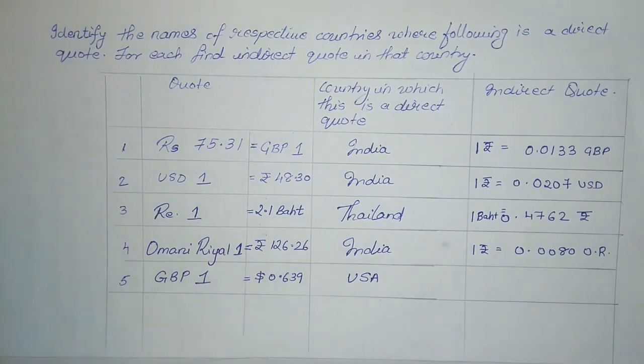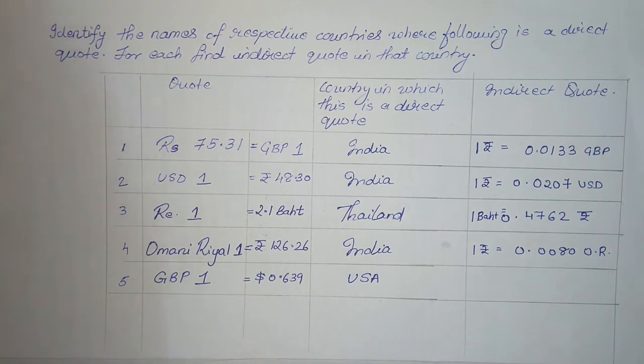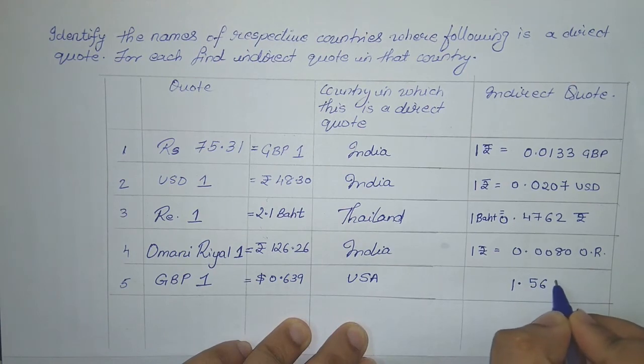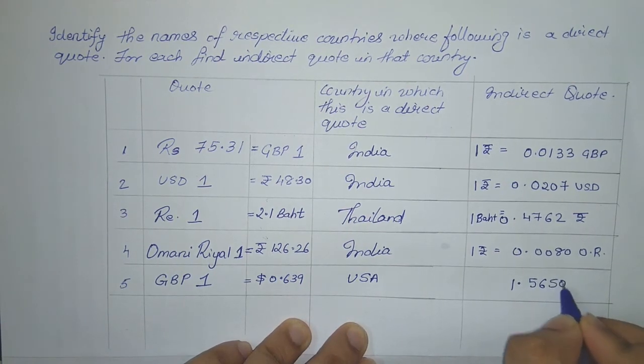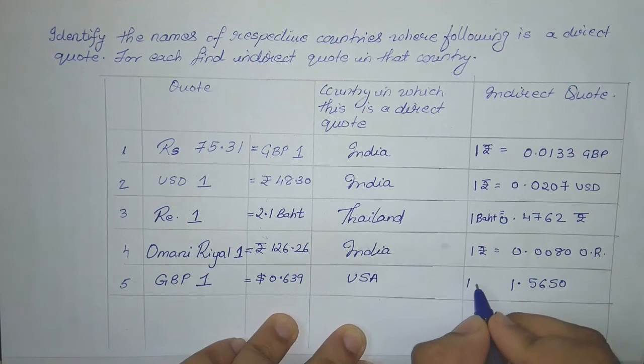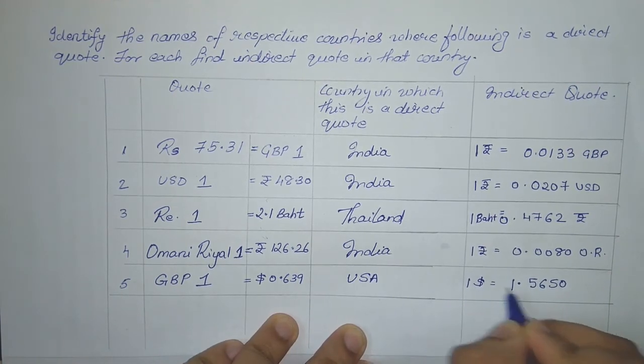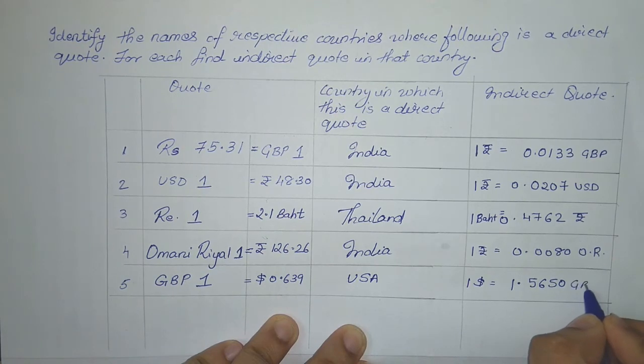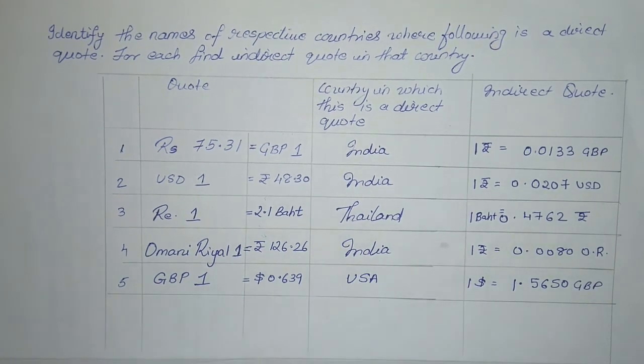In order to find the indirect quote, it will be the reciprocal, so we'll do 1 divided by 0.639, which comes up to 1.5650. So here $1 will be equal to 1.5650 Great Britain pound.